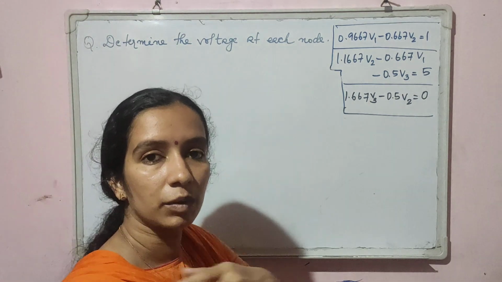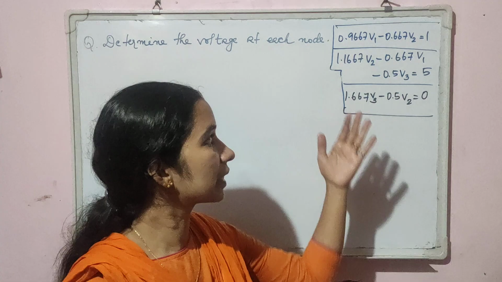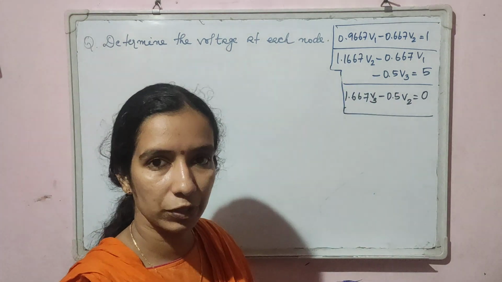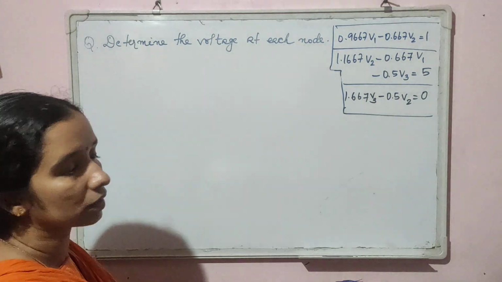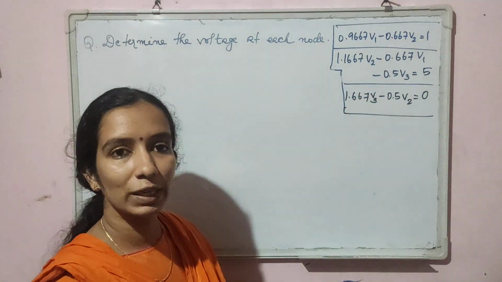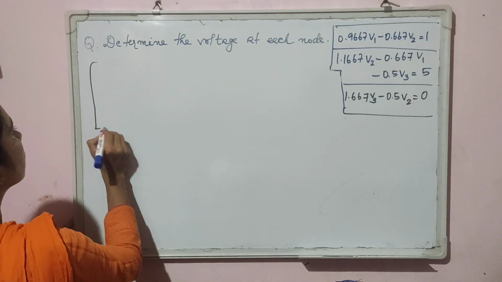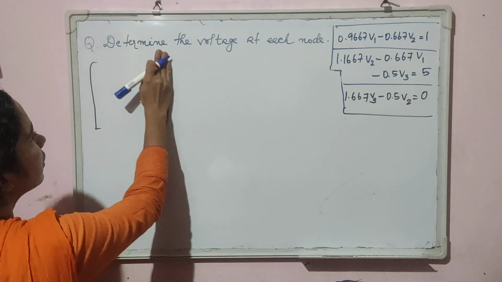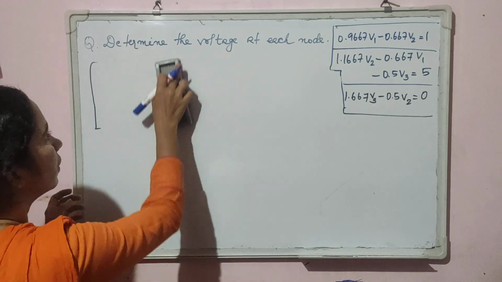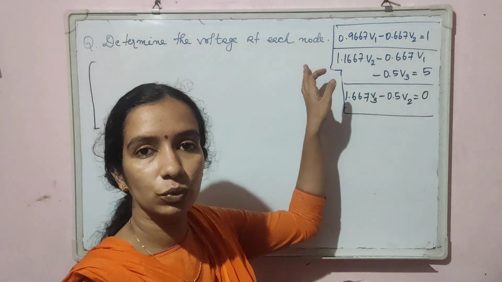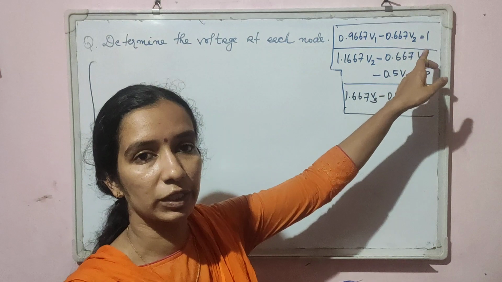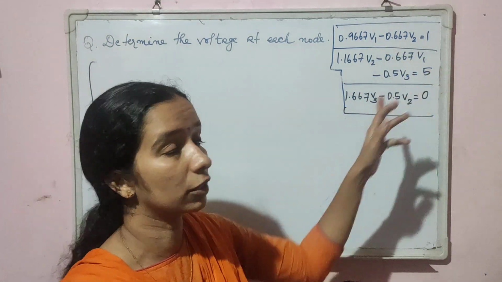So for using Cramer's rule, first of all we have to represent these 3 equations in a matrix form. And the first matrix will be the coefficient matrix. Coefficient of V1, V2 and V3 in these 3 equations. So first row is from the first equation.